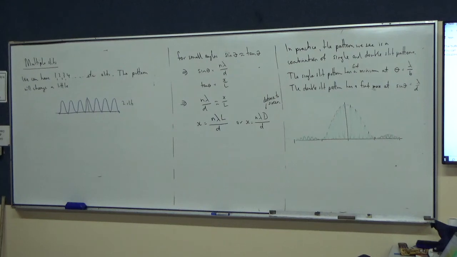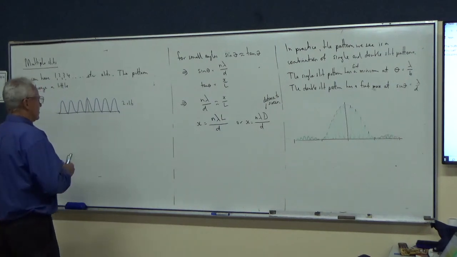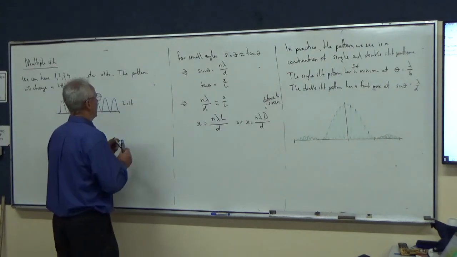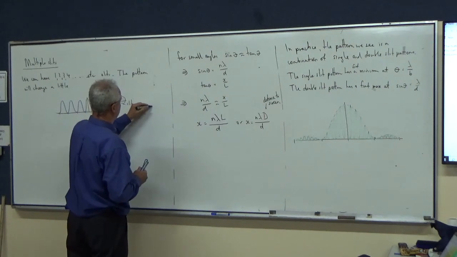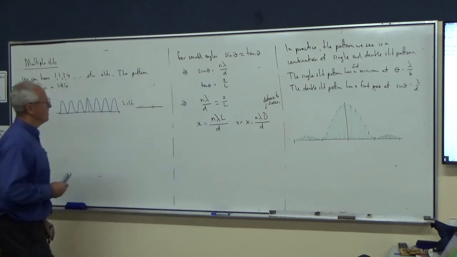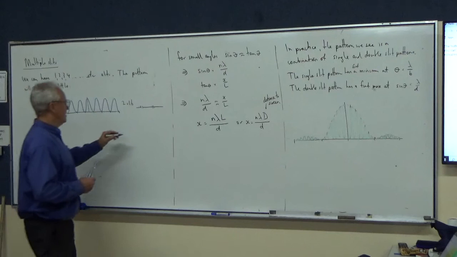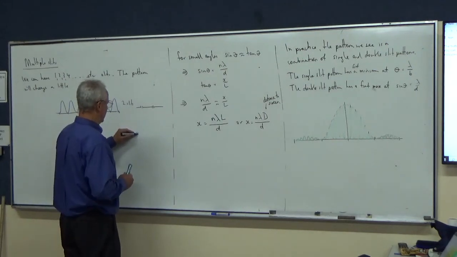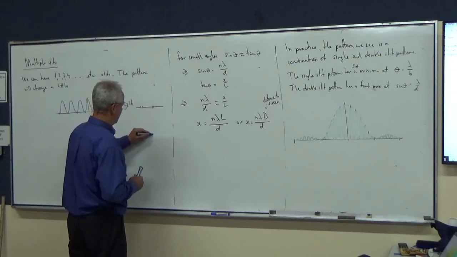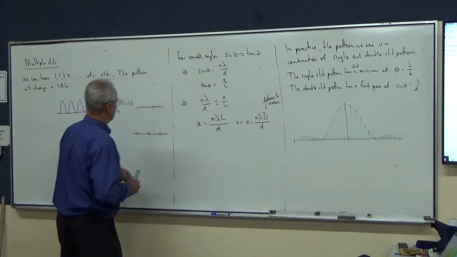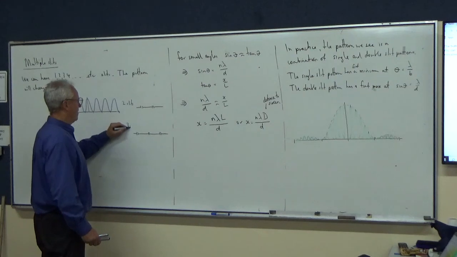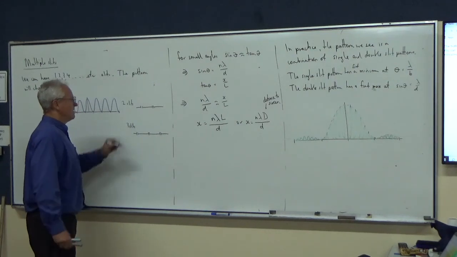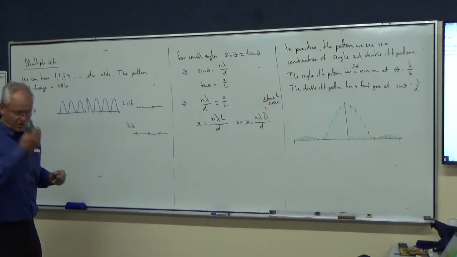That's 2 slits. As we add more slits, 2 slits is like there and there. Alright. 3 slits, still the same separation. If I just put another one in the middle, the whole thing will change.